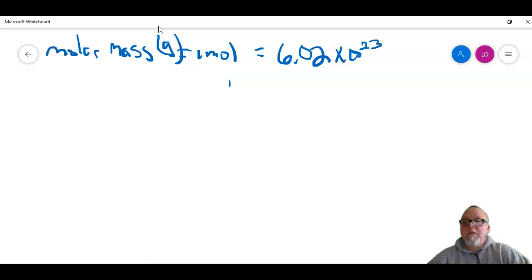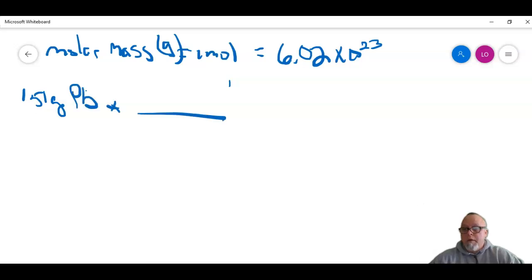So let's say I had 151 grams of lead, Pb, and I wanted to know how many atoms that is. Grams goes in the denominator, and atoms goes in the numerator.